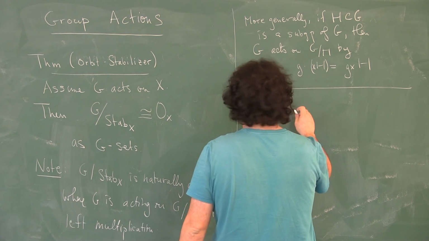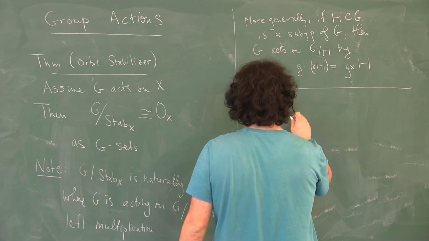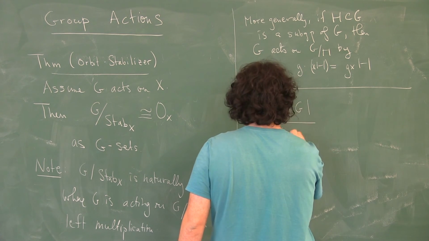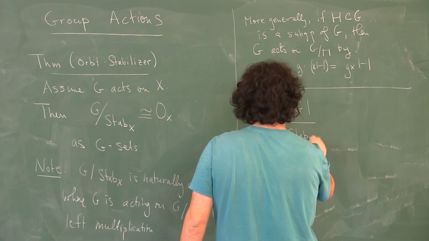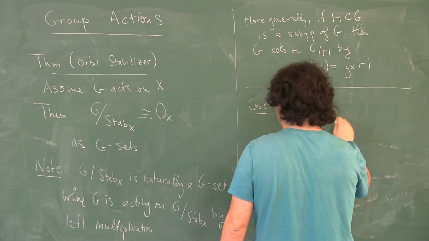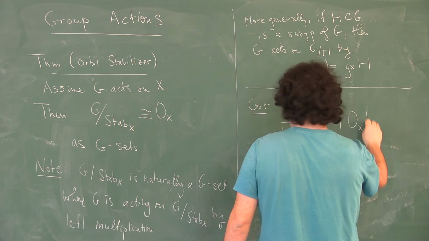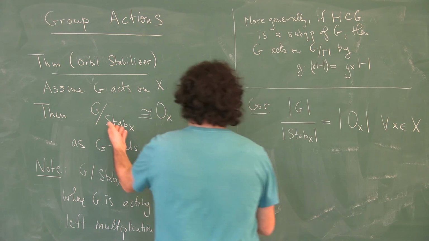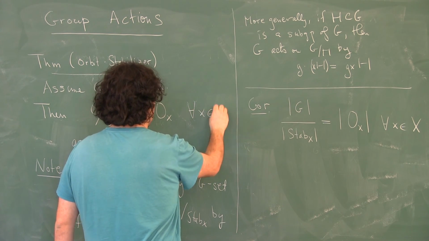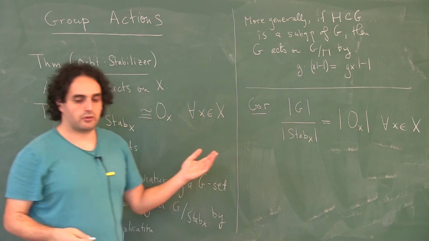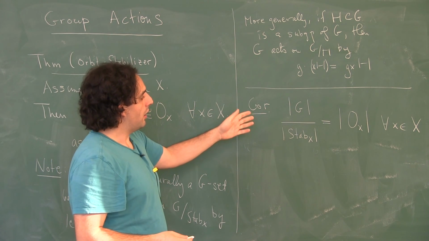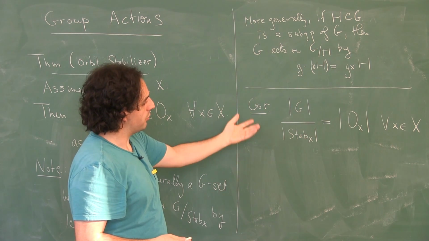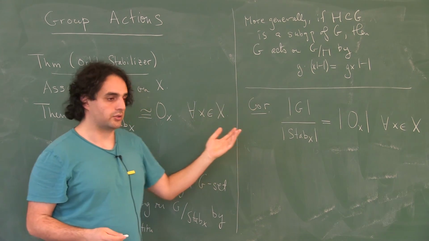So a corollary is that with the same assumptions of the theorem, the order of G divided by the order of the stabilizer of x is equal to the order of the orbit of x for all x in X. Here too, this theorem is true for all x in X. And we will see later that this is particularly useful in the study of conjugation, which is one of the most important examples of group actions that we will get to.